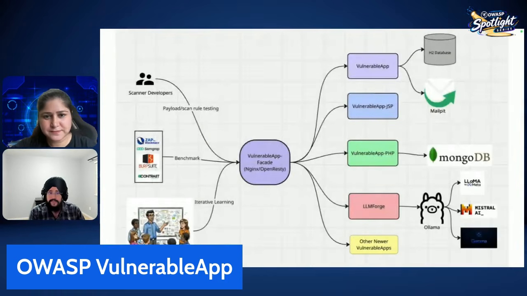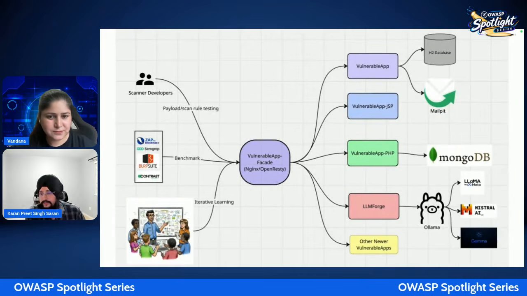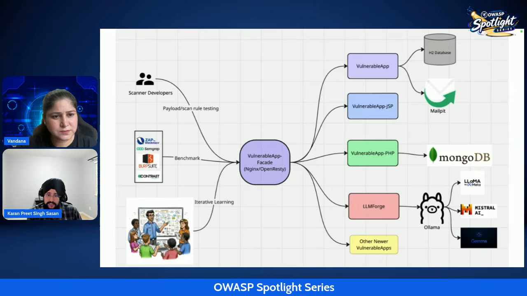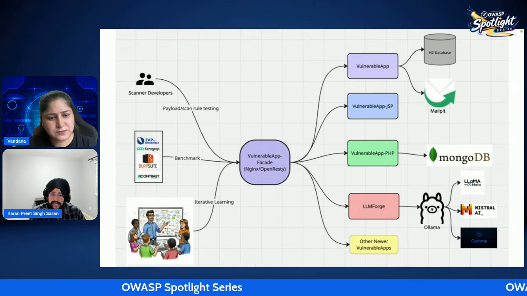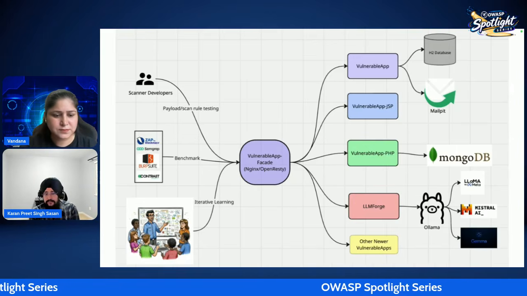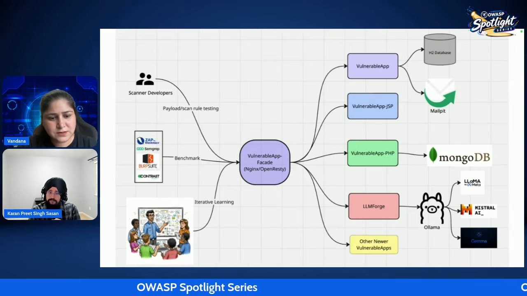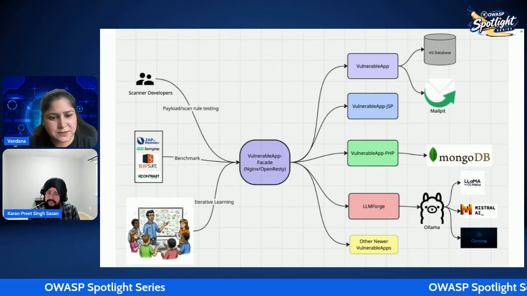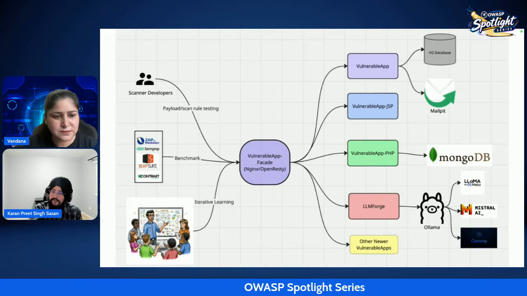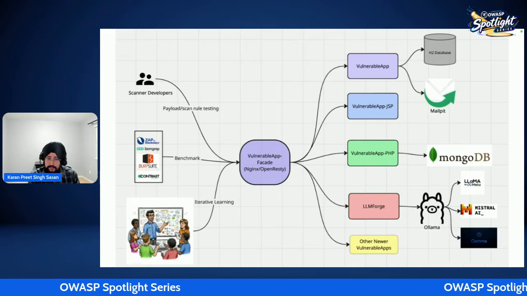Lovely. Okay. So this is the overall architecture of the vulnerable app. We have a facade app, the vulnerable app facade, which is nothing but an open REST-based application, which is the front end of all the vulnerable applications, say vulnerable app JSP, PHP, LLM Forge, and multiple other vulnerable applications.